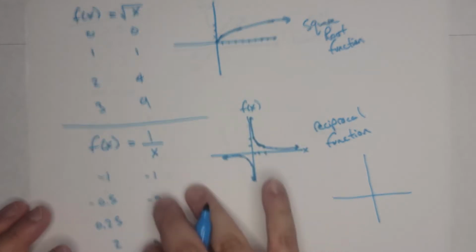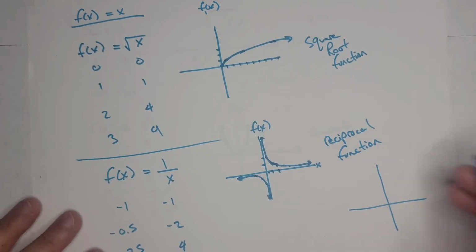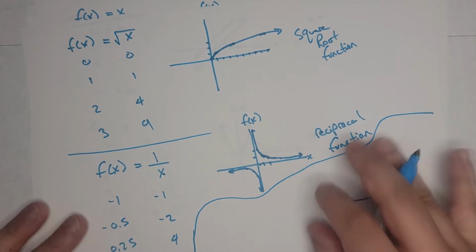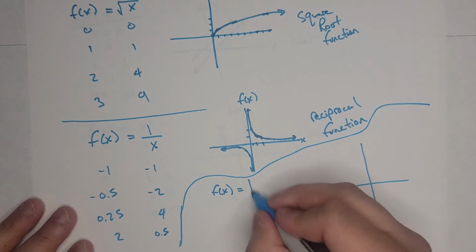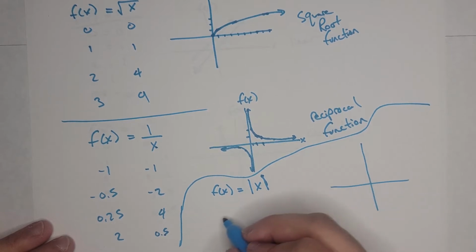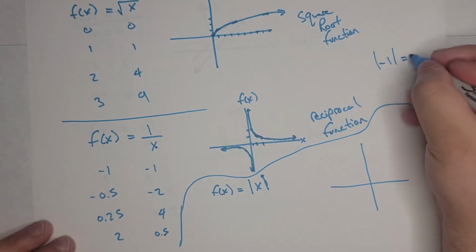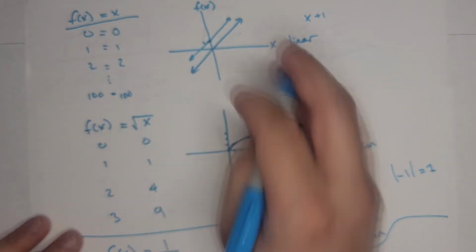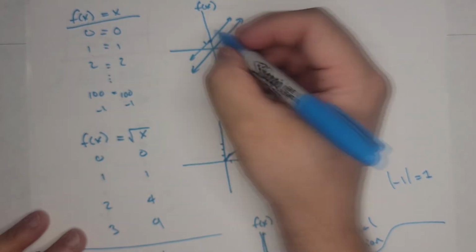That is the same as our linear function, f of x equals x, except instead of that, the absolute value of something just means that if it is a negative number, so say negative 1, the absolute value of negative 1 is just 1, the positive version. So while in here, if you had a negative 1 input, you would have a negative 1 f of x, that's here.